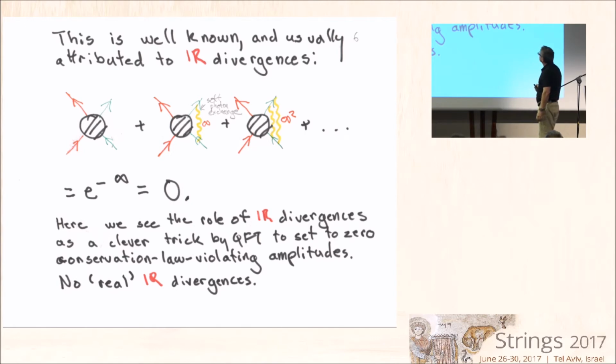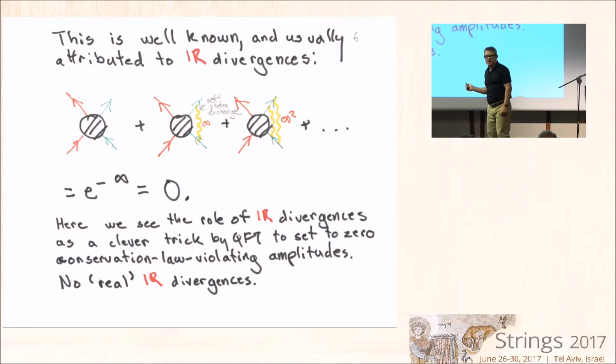And the way it would usually be stated is you start with this scattering process, and then you look at diagrams where soft photons were exchanged between the external lines. And these soft photons have a pole. As their energy becomes very low, there's a pole there. And so this diagram is infrared divergent.